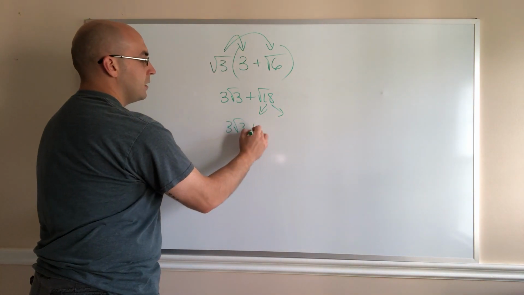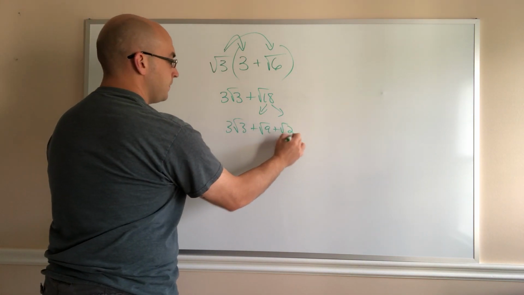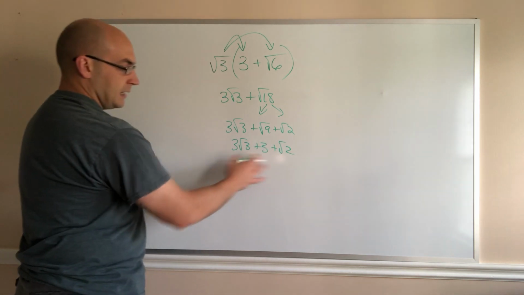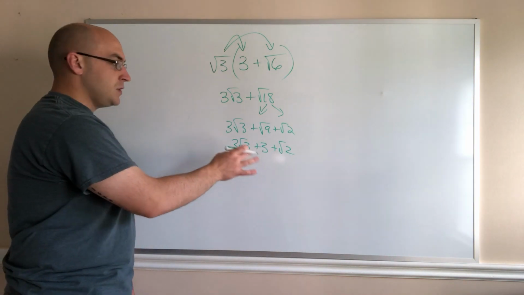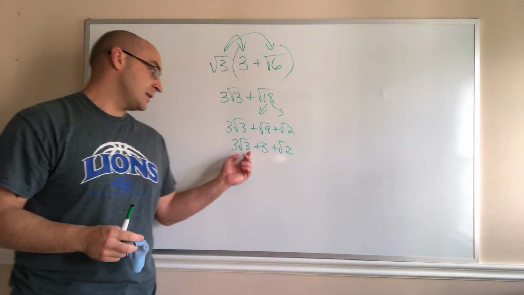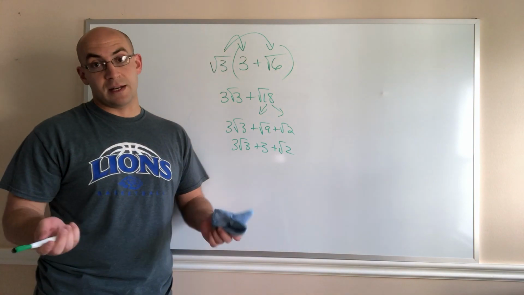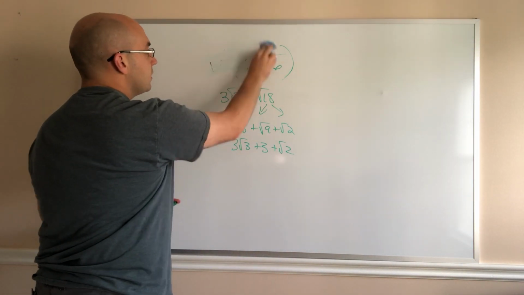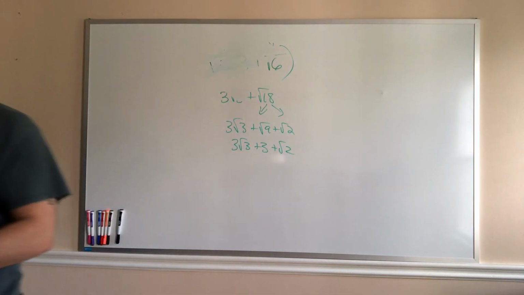So 3 root 3 plus root 9 plus root 2. So 3 root 3 plus root 2. And I'm not able to simplify any of that, right? So you would tell me that that is an irrational expression because I've got two irrational numbers that cannot be simplified. Okay, so just be very aware. Don't take face value here. Go ahead and make sure you look at it from the whole way.